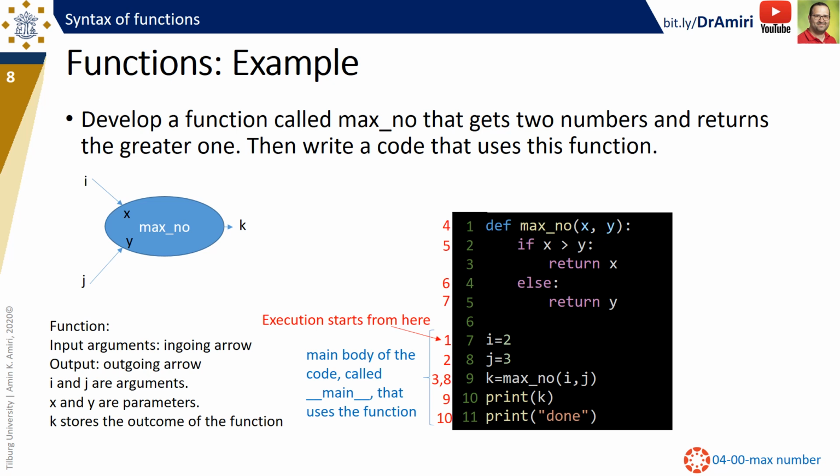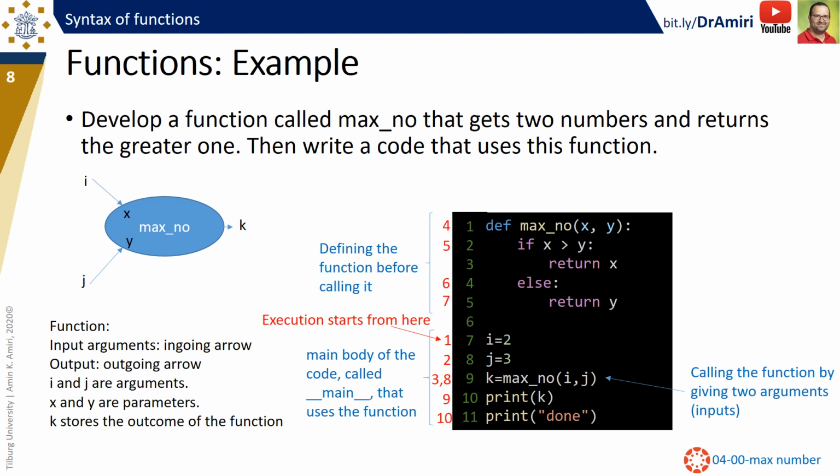So, sorry. As you can see here, line 9 is the line that calls the function by giving 2 arguments, 2 inputs. This will require the function maxNO be defined before calling this function.